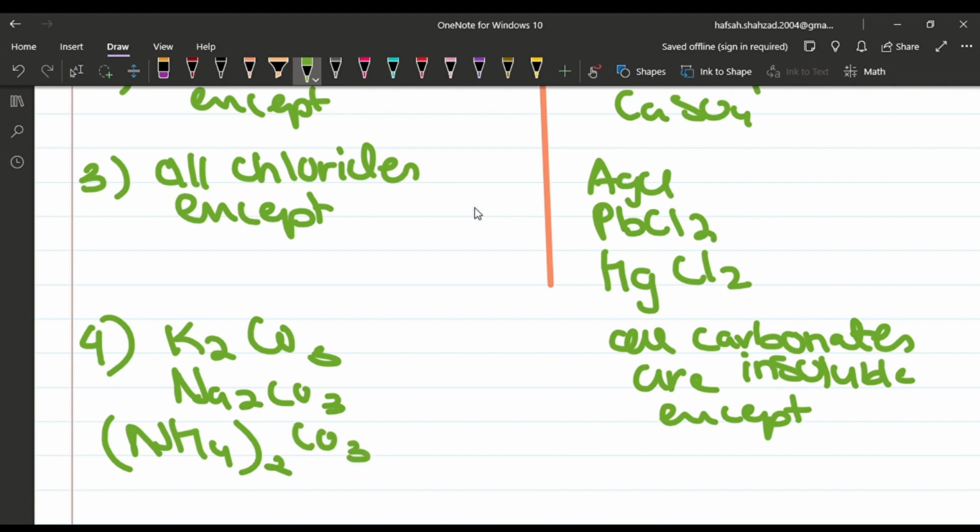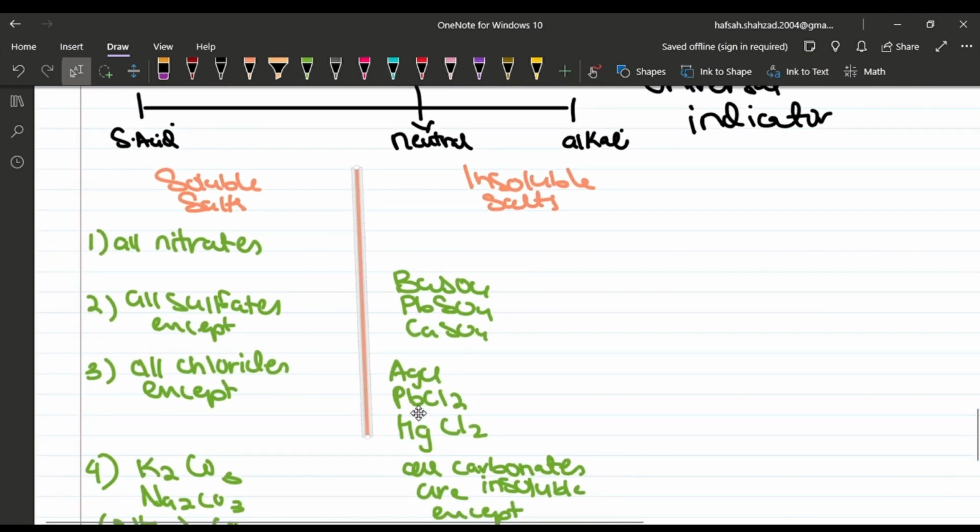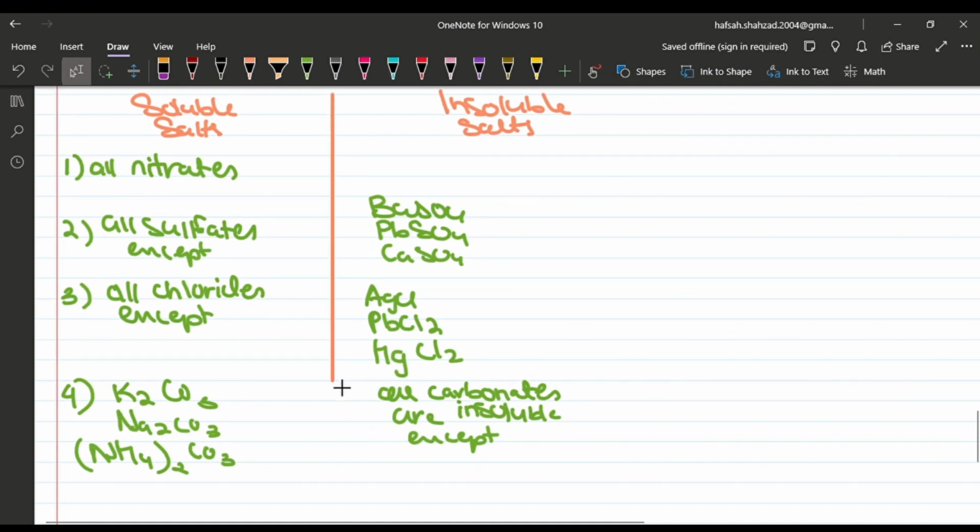Also, whatever salt you want to make with potassium, sodium and ammonium compounds will always be soluble, like potassium nitrate, potassium sulfate, potassium chloride, potassium carbonate are all soluble. Similarly, sodium chloride, sodium nitrate, sodium sulfate, sodium phosphate, or sodium carbonate are all soluble. And so is the case with the last one, ammonium. This is a chart that you need to remember. And thank you for watching.